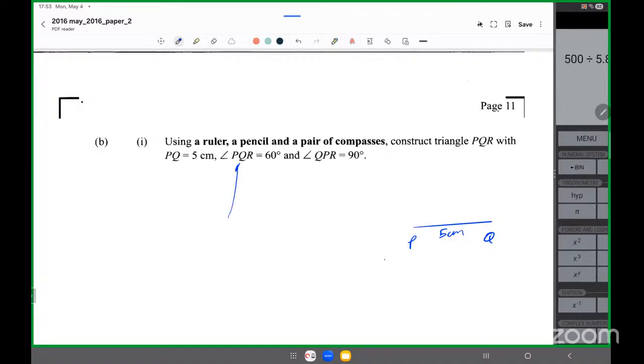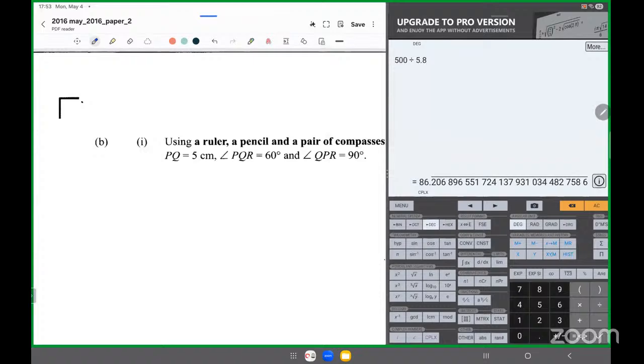Then the angle at Q must be 60 degrees, so inside here must be 60 degrees. And then the angle at P must be 90 degrees, so we need a 90 degree right here. That's what we're constructing. So sketch it and then you construct it.